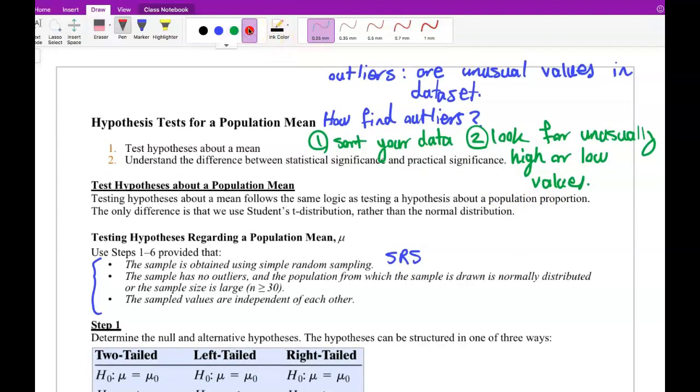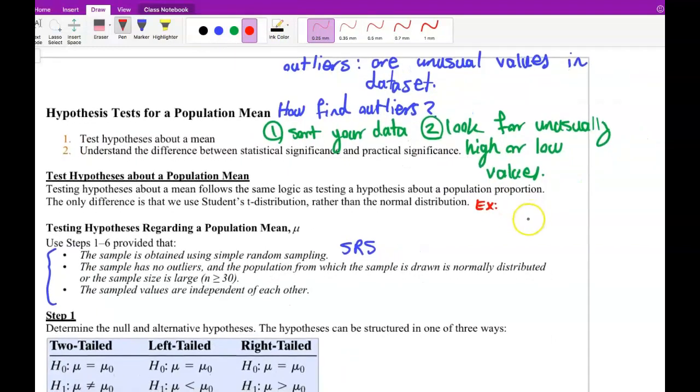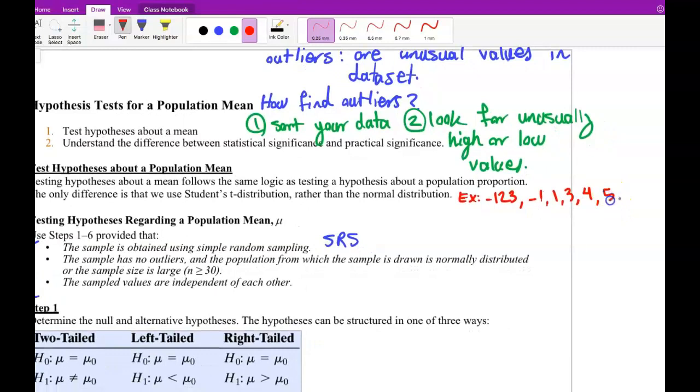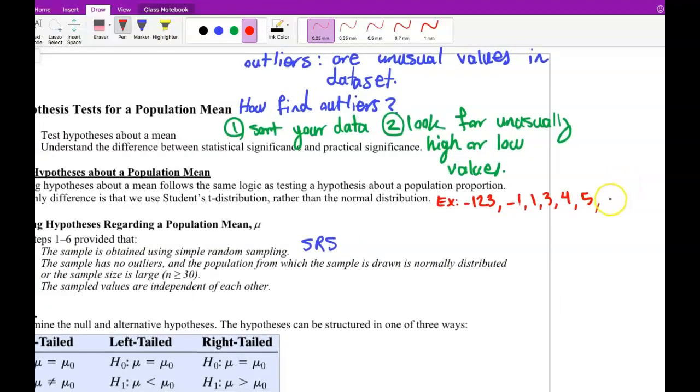What that means, for example, if I had this data set: negative 123, negative 1, 1, 3, 4, 5, and one here, 135. As you can see, these numbers are very close: negative 1, 1, 3, 4, 5.